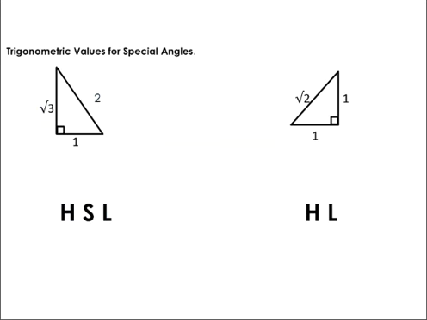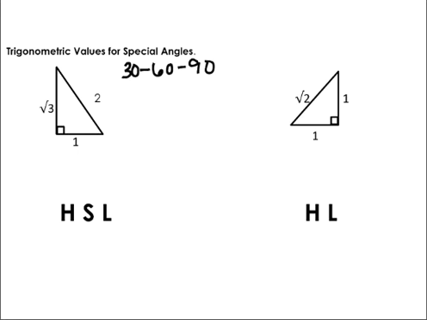Alright, maybe you remember doing these. This is our HSL, and again, this is 30, 60, 90 and 45, 45, 90 triangles. So 30, 60, 90 triangles just means that we have a 30-degree angle, a 60-degree angle, and a 90-degree angle.